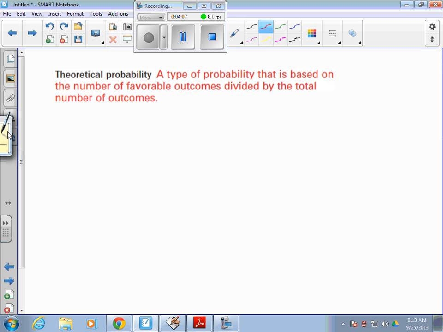That does not line up with theoretical probability. Theoretical probability is based mostly on large sums of data. If you flip that coin 200,000 times, then half of the time it's going to come up heads, and half of the time it's going to come up tails. It doesn't go to chance because of that. Theoretical is what it should be. That's an easy way to remember it. Theoretical is what it should be.